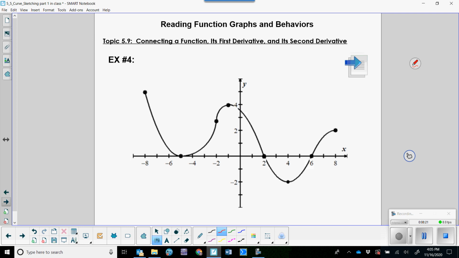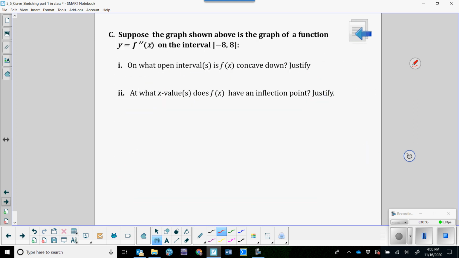Well, if f double prime is positive, f is concave up. F double prime negative, f is concave down. So they want me to say concave down, so again, from 2 to 6 is going to give me concave down. Again, assuming that the graph of the function is f double prime.